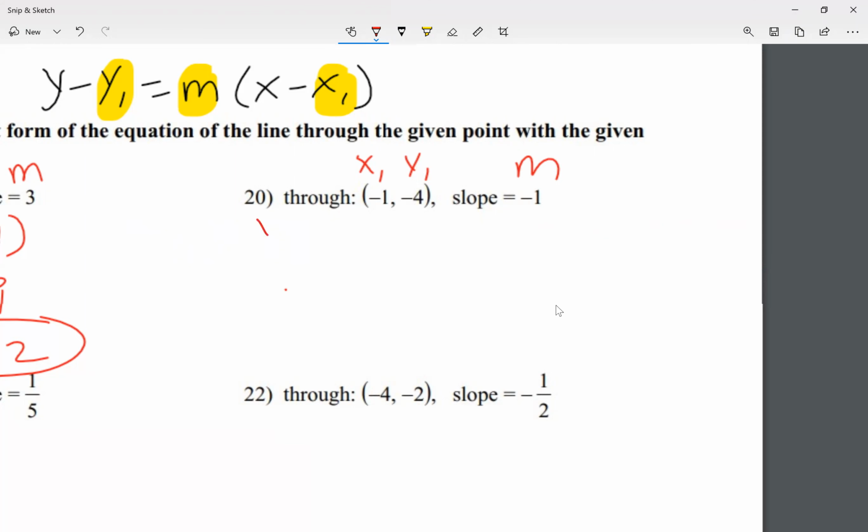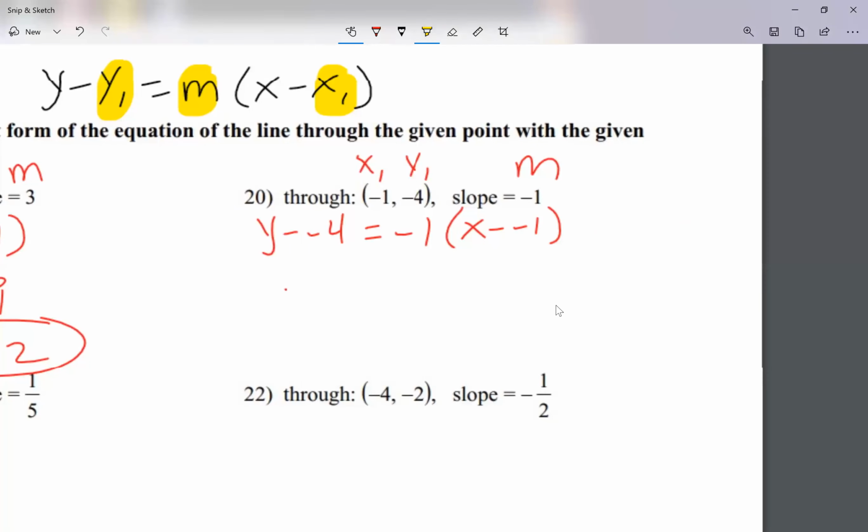So I'm going to go y minus a negative 4. Notice how they said y minus a negative 1. So y minus a negative 4. For the moment, let me write it like that. Y minus a negative 4. It's equal to negative 1. And then inside parentheses, x minus a negative 1.